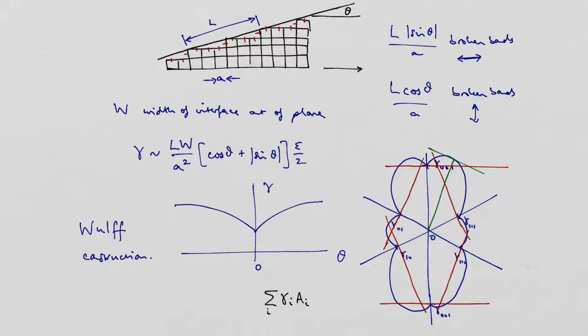Vicinal is one that is very close to singular. So a bit like this one here that I've drawn. Sort of close to 001, but not quite. That would be vicinal. Do you see what the vicinal one is?